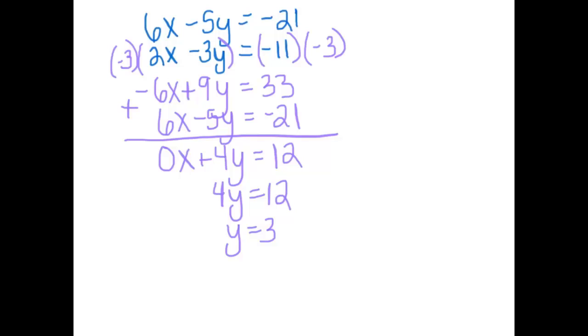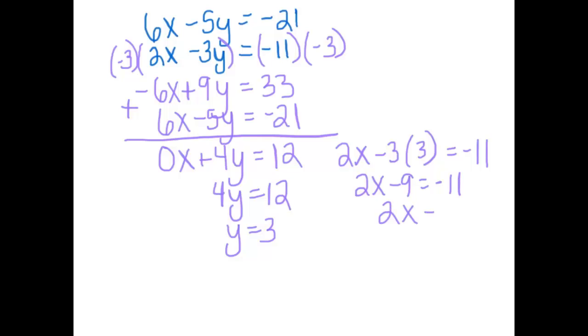We're not quite done. We have to find the x-coordinate. And let's plug in. It doesn't matter. I'm going to pick the bottom equation this time to plug back in. 2x minus 3y equals negative 11. That was from the original equation. I just substituted 3 in for y, and now I have just one variable, and I can solve for x. 2x minus 9 equals negative 11.